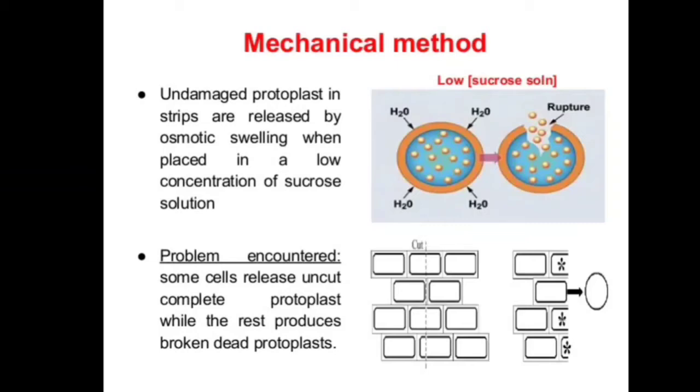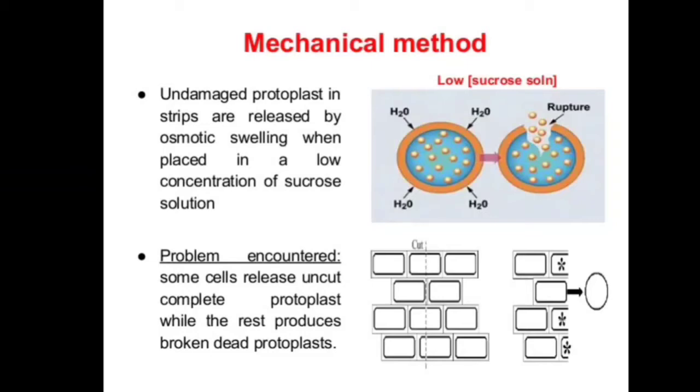Okay, and this method is not convenient, and only a small percentage of the protoplasts remain viable. But this method is devoid of the harmful actions which are caused by the enzymatic processes. So after the rupture, because the rupture is not convenient for the protoplast, it leads to the enzymatic processes.